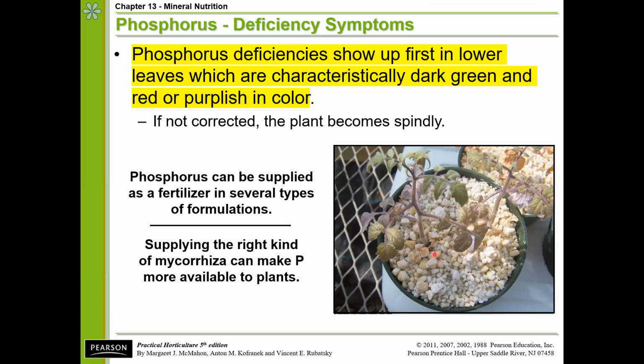So that's another thing that's important to note, is that they interact with each other, and deficiency symptoms can work together to make it confusing to diagnose the deficiencies. So sometimes we can supply phosphorus, or sometimes we can even supply a mycorrhiza to help phosphorus become more available.